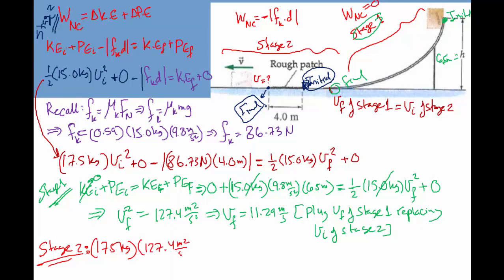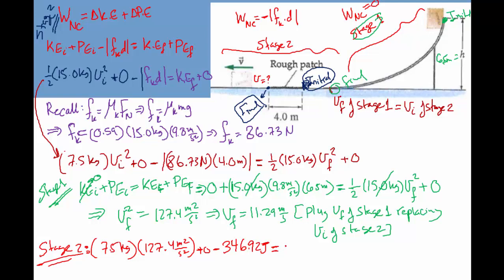127.4 meters squared over second squared plus 0 minus 86.73 times 4. And let me do a correction here. The 1/2 times the mass is 7.5 kilograms, since the mass is 15. Okay, so this will be 7.5 kilograms, this will be 7.5 kilograms. 86.73 times 4 meters should yield 346.92 joules. This is the left hand side of the stage 2 equation.